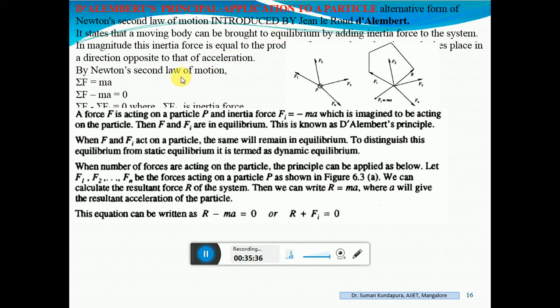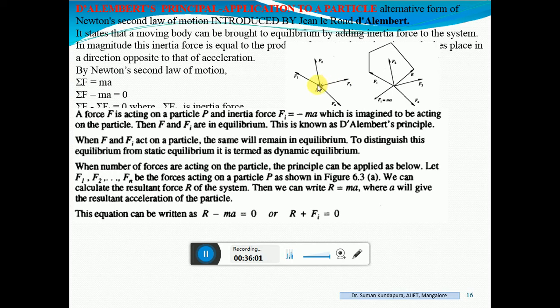Okay. From Newton's second law of motion, we know that summation F is equal to ma. So, summation F minus ma is equal to 0. So, this ma is nothing but summation of Fi, that is the inertia force. Okay.